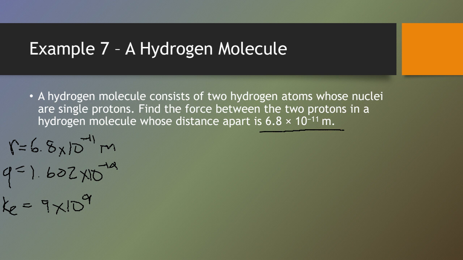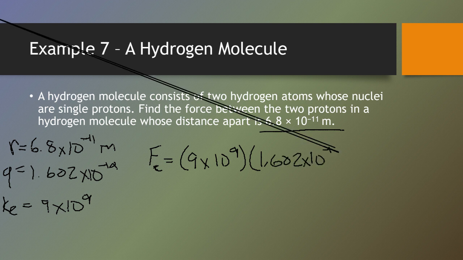And so to find the electric force between those two particles, 9 times 10 to the 9th times 1.602 times 10 to the minus 19.